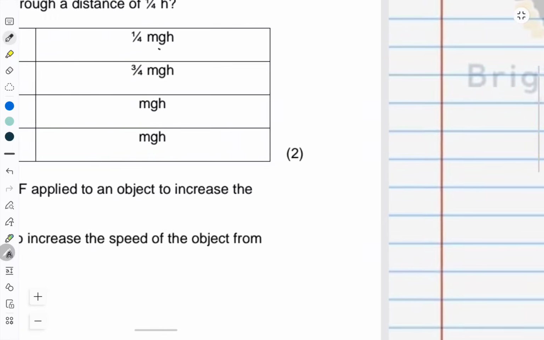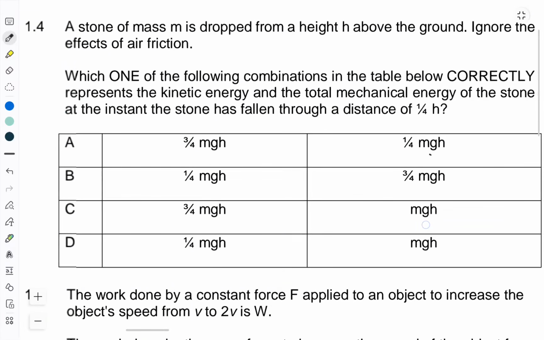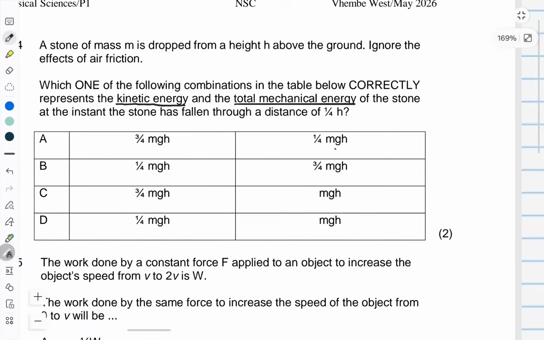So let's go check in our table. We have 3/4 mgh, which is this one for our potential energy, but we don't have any option with this 3/4 mgh. Oh, that's potential energy. We are required to find the kinetic energy and the total mechanical energy at point B. Okay, that's not an issue.